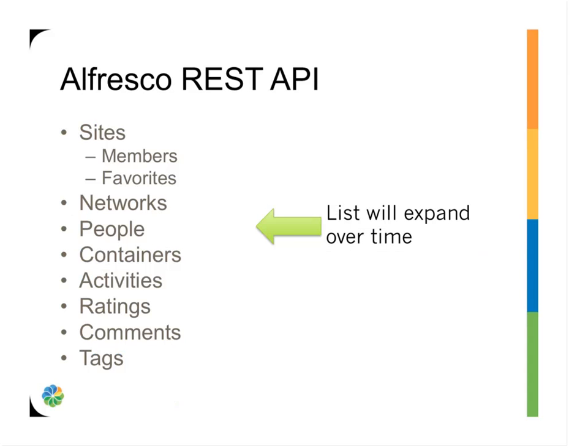So what you may be wondering is, what does the REST API cover? And this list will expand over time, but right now it covers things like finding the sites, which you saw me do a second ago, finding the members of those sites, finding the favorite sites of somebody, getting a list of networks, which you saw me do, getting the people details, containers for a site.